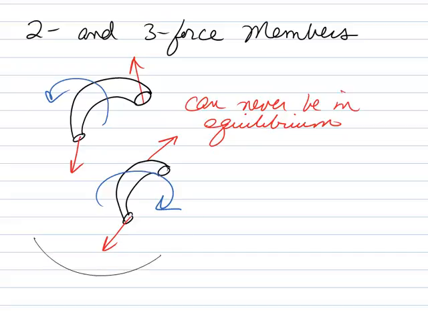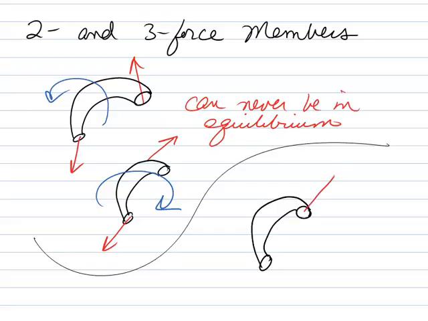The only way that these can be in equilibrium is if you have these forces. If you have a 2-force member, the only way it can be in equilibrium is that they both have to be along that line of action, because this way they produce no moment. So really what I'm saying is there's no rotation. This also applies to dynamics.